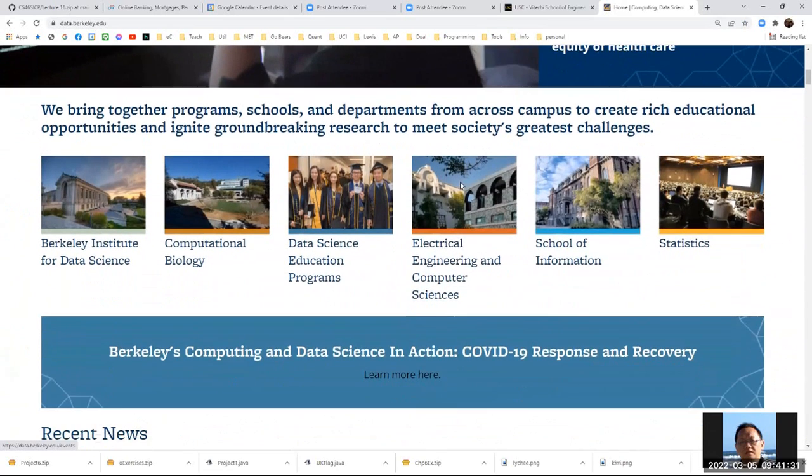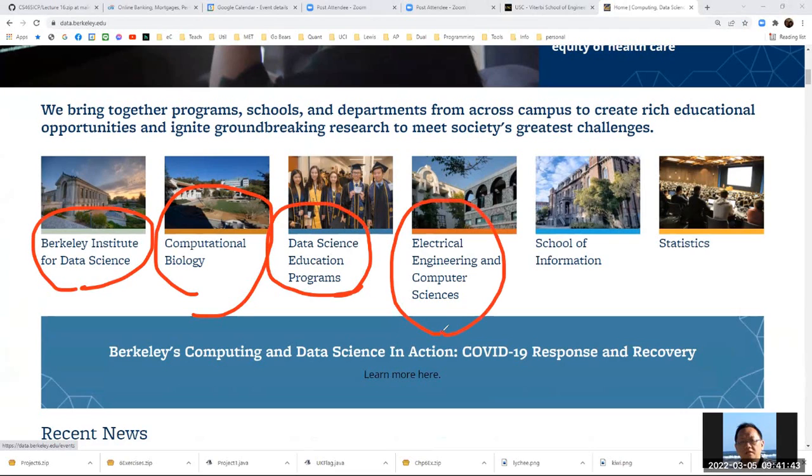So let's see what they are. You do see the Berkeley Data Science Institute, Computational Biology, Data Science Program, ECS, which also includes CS, meaning CS is inside the ECS, School of Information, Statistics.